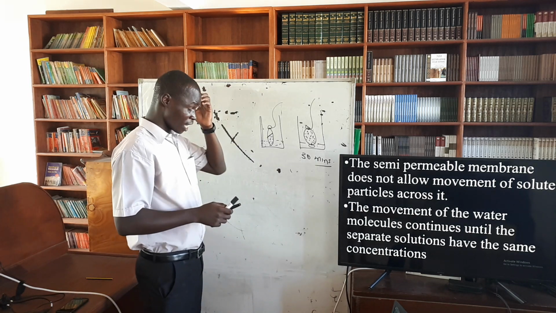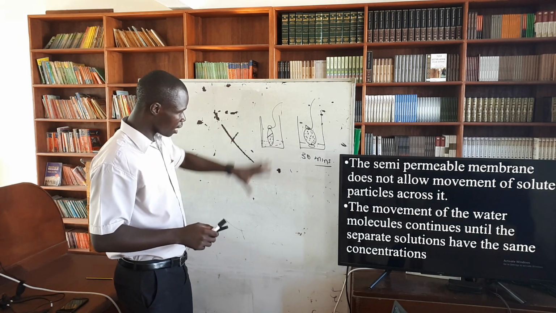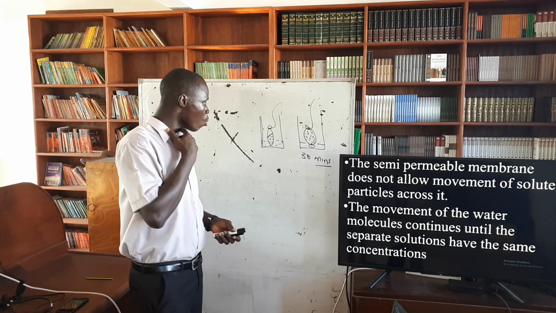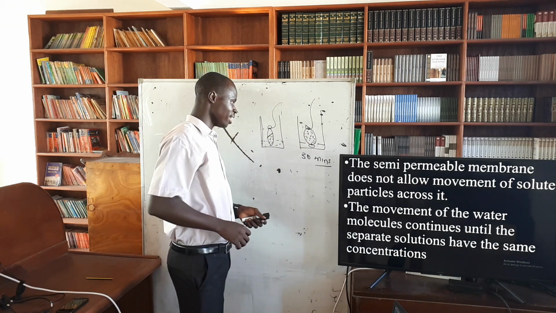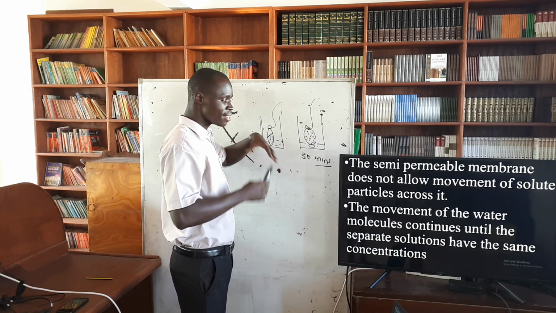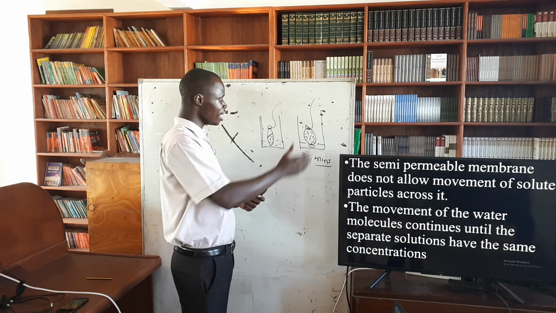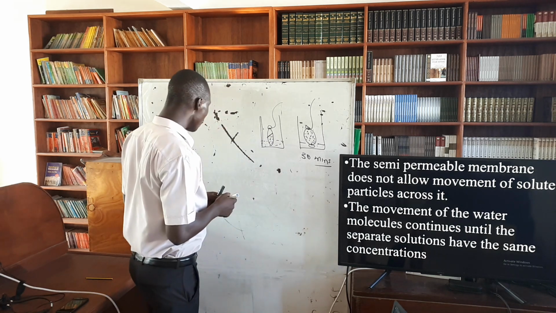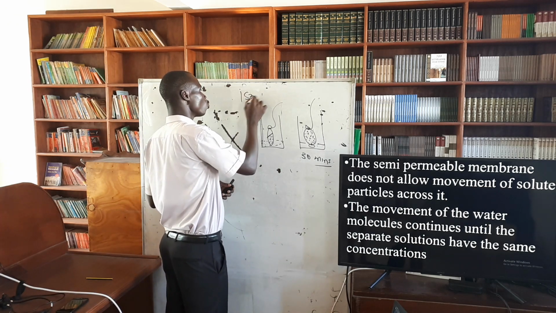What is this supposed to tell us? It's telling us that the contents of the whisking tubing have increased. Water molecules will continue moving in until a concentration is achieved that is the same inside and out. And when that point is reached, it's called isotonic.